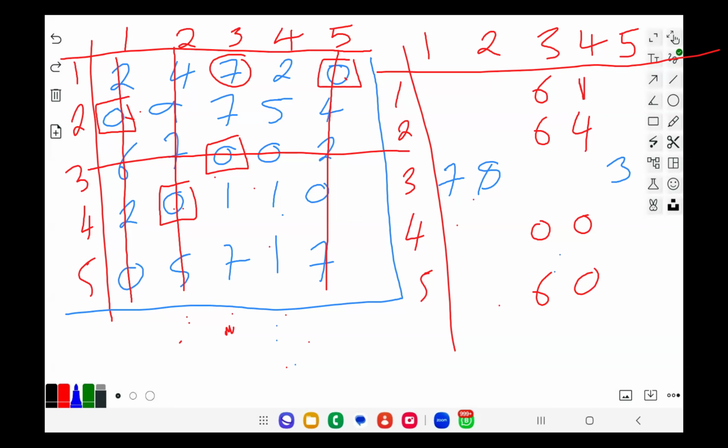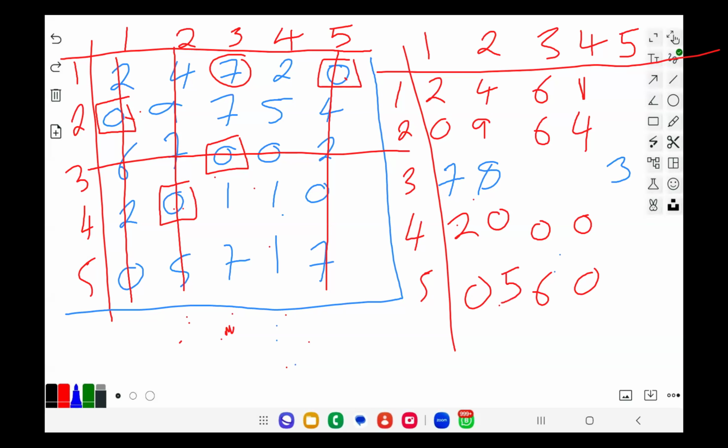What's the next step? It's saying all other entries shall remain the same. So all these other ones will just remain the same. So here you shall have 2, 0, 2, and 0. In the column for 8, we have 4, 9. After 9, this one will be 0, and the other one will be 5.